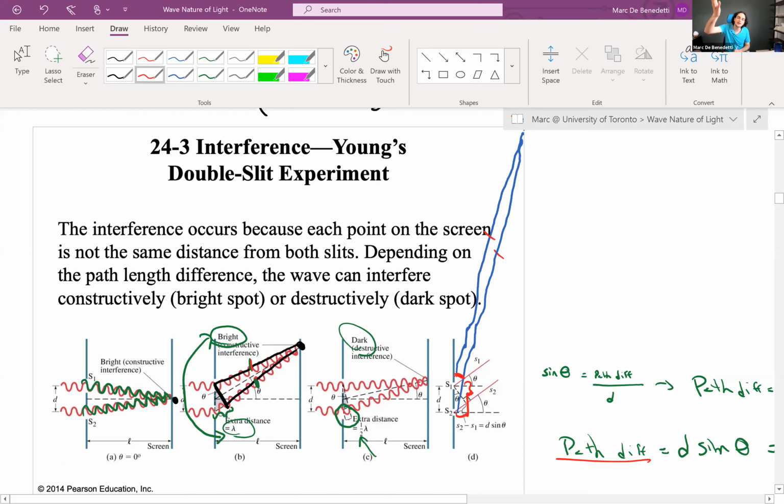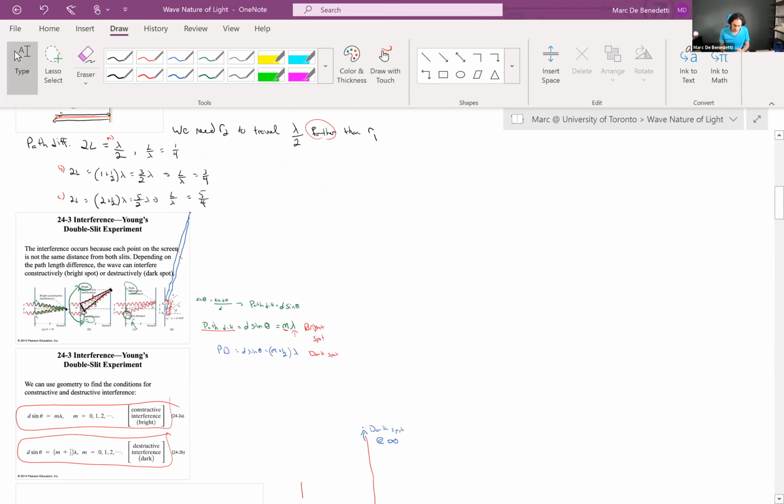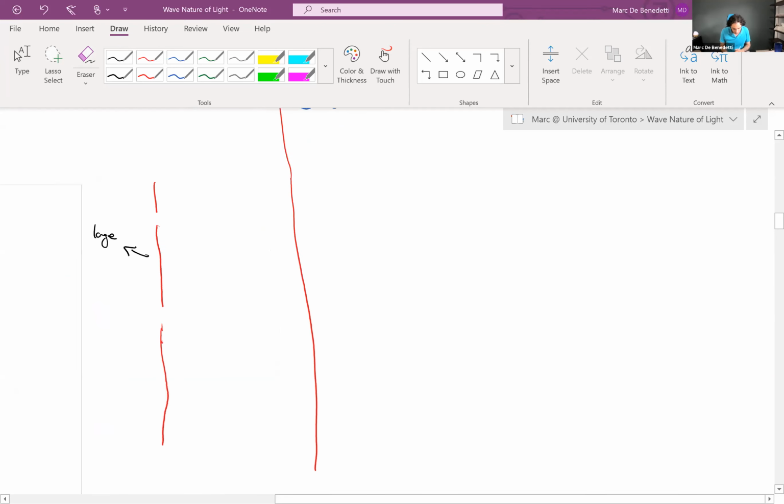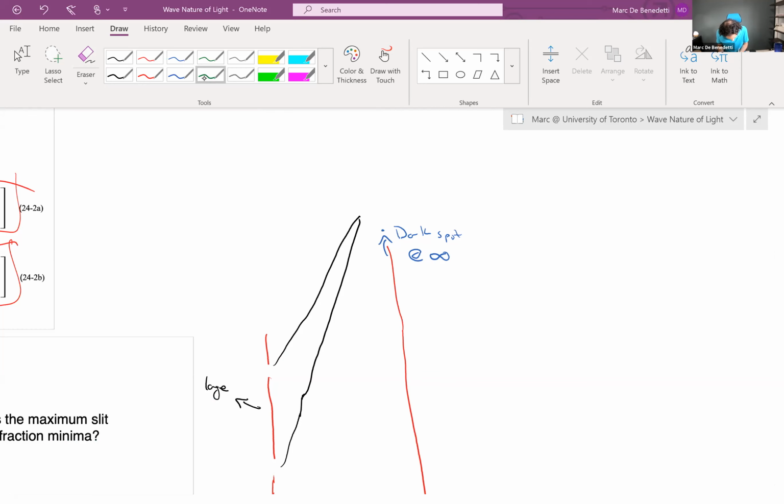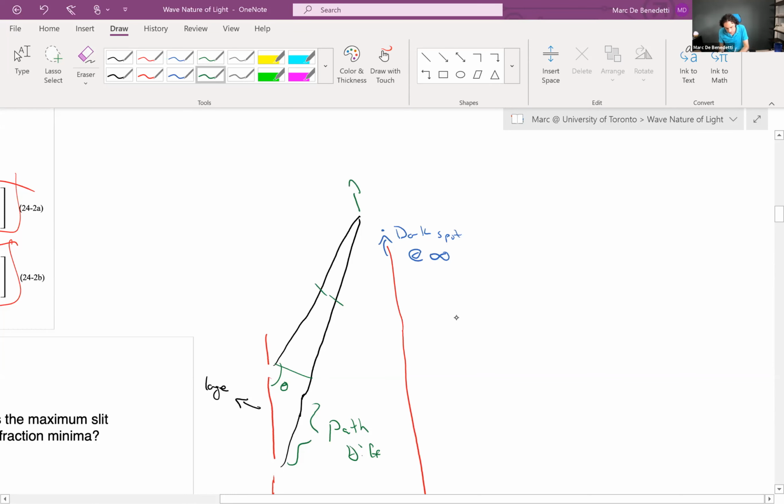So if your point is at an infinite distance away, infinitely far up there, what would that theta value be? The answer is, it's a limit, obviously, because it doesn't exist in real life. Let me just do this here for you. If those are the same, here is your path difference, and this would be your theta value. If that point shoots up to infinity, then the theta value approaches 90 degrees.